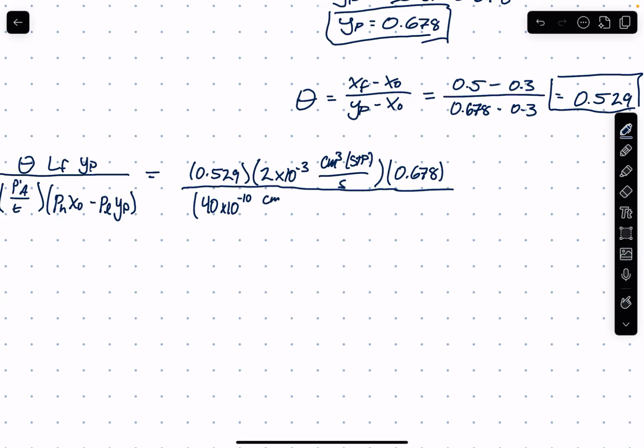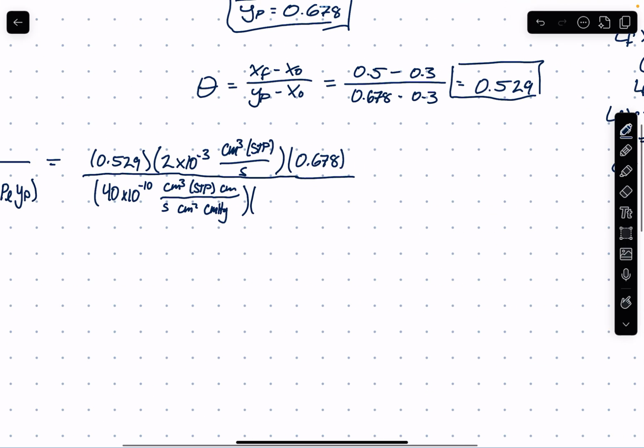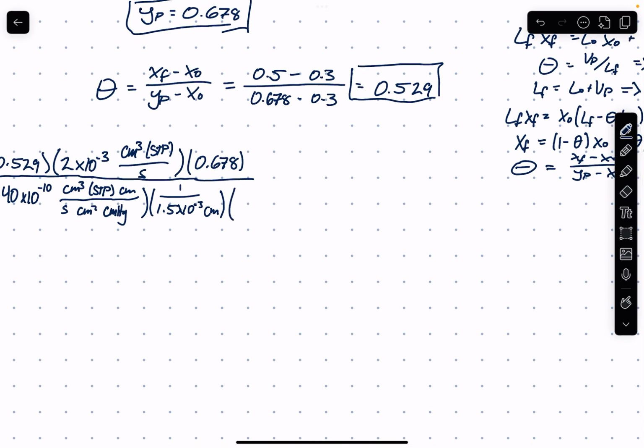This whole mess of units here is cm3 at STP times centimeters over seconds, centimeters squared, centimeters of mercury. We need to divide this by our thickness, 1.5 times 10 to the minus 3 centimeters. And then we have this pressure term, so this is 40 centimeters of mercury times 0.3 minus 10 times 0.678.